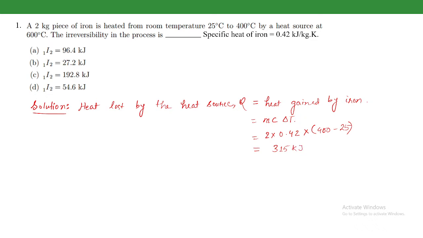Okay, now the entropy change of iron. So when the iron is being heated from the room temperature to a higher temperature of 400 degrees Celsius, there will be a change in entropy of the iron as well. So what is the change in entropy of the iron during this process?